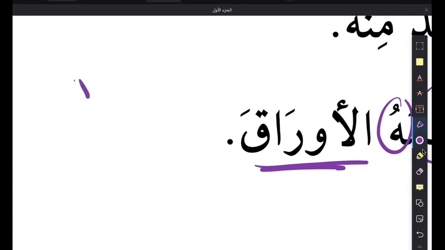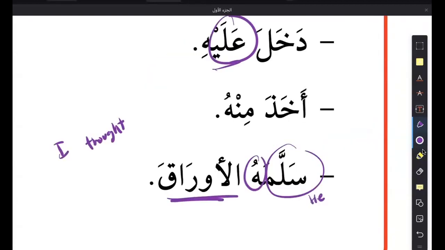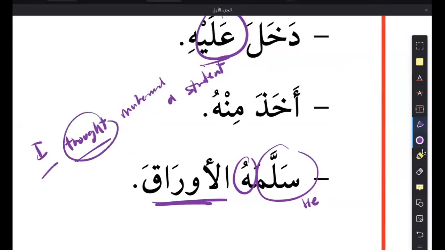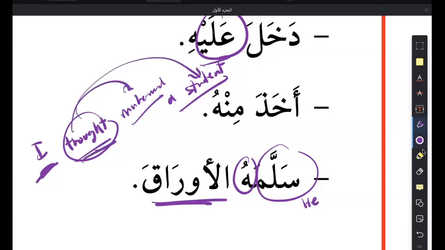So first of all, let's put it in English: I thought Muhammad a student, but it turns out he's a doctor, let's say. So look, the subject is I, so that part is gone. I is the subject, the verb is thought. Now we have two objects here: Muhammad, a student. So this verb needs two objects.